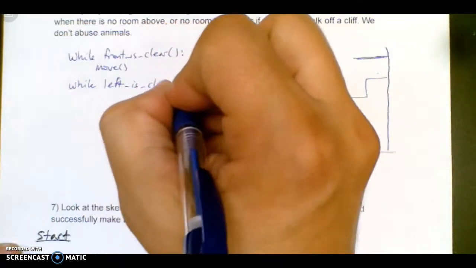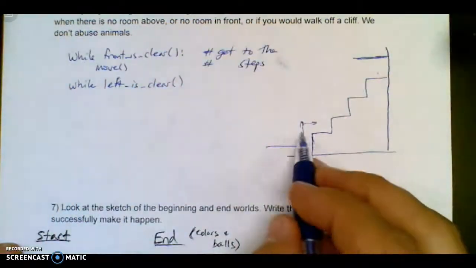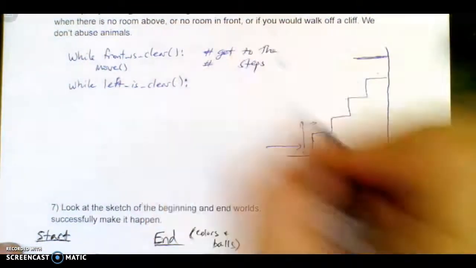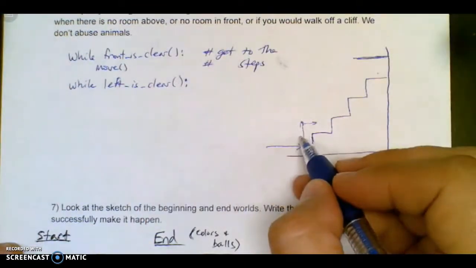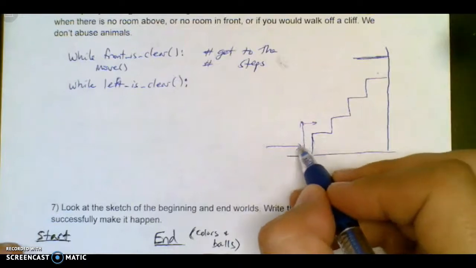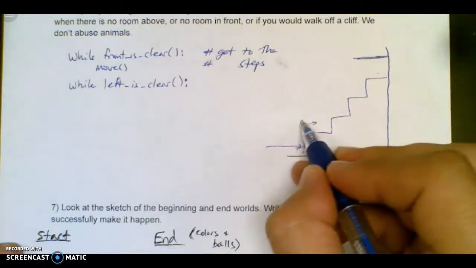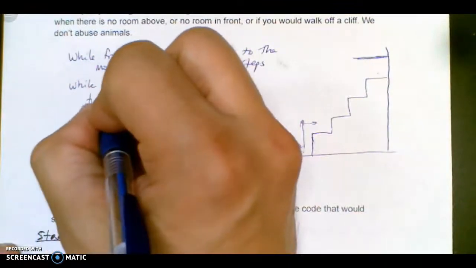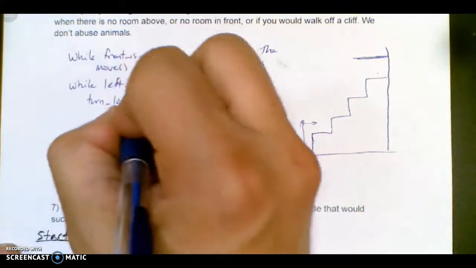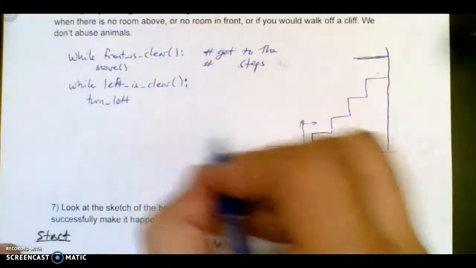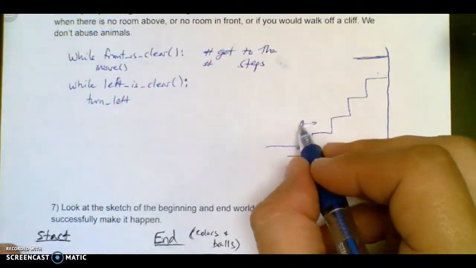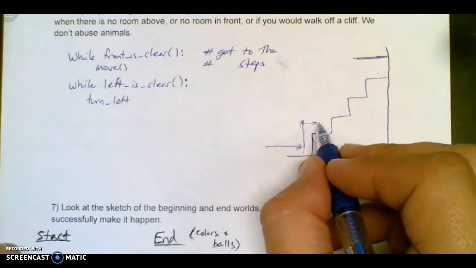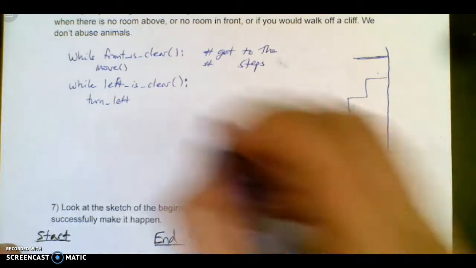So while left is clear, so as long as above me is open, I'm going to go through this cycle. Let's get up to here, because that'll make sure. I'm going to turn left. And then I'm going to turn right. Wait, turn left, move.